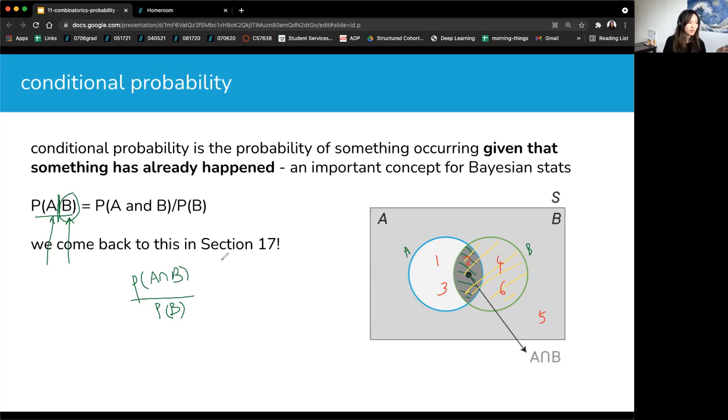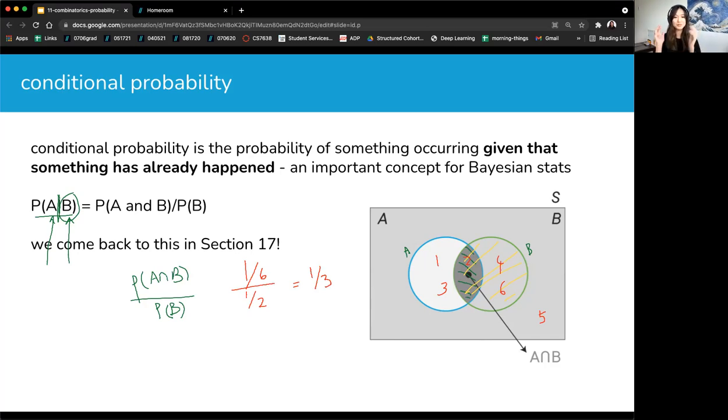If we look at it from a formula standpoint, kind of similar. Probability of A intersect B, which is 1 out of 6, divided by the probability of B, which is 1 out of 2. If you do out the math, it actually does come out to 1 out of 3.